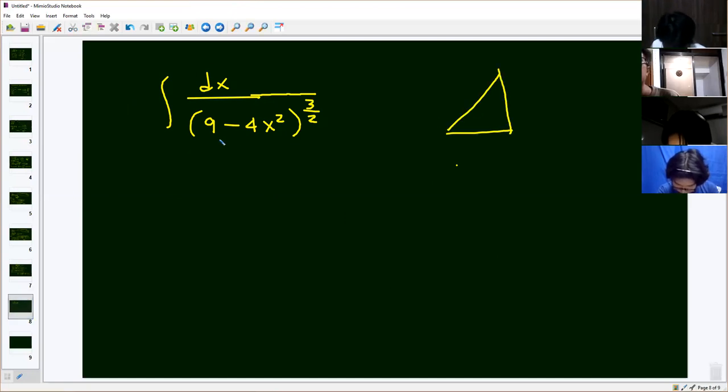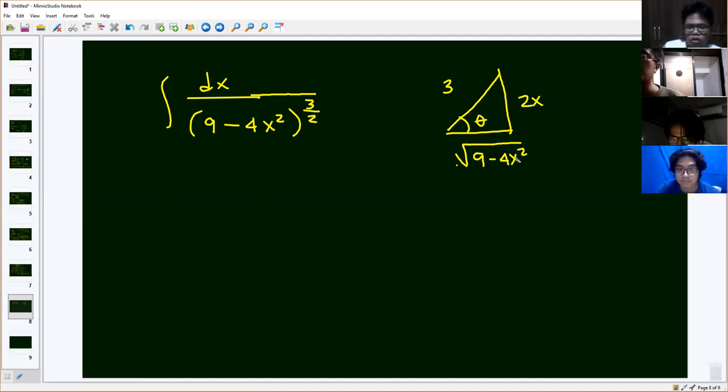Ang hypotenuse natin, si 3. Ang opposite natin, ito ang angle natin. Ang opposite natin, si 2x. Ayan. Kaya ito, si 9 minus 4x squared. Guide nyo lagi yung construction, yung right triangle. Okay? So, yan ang ating guide.